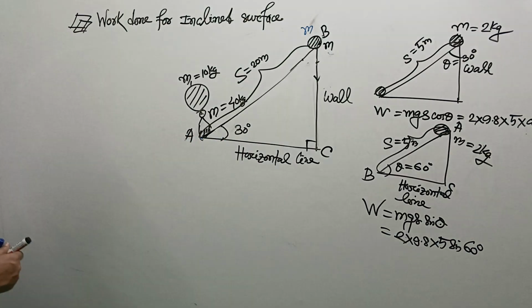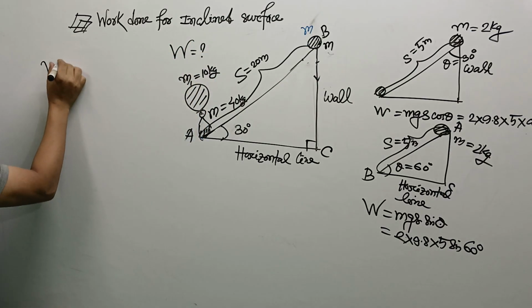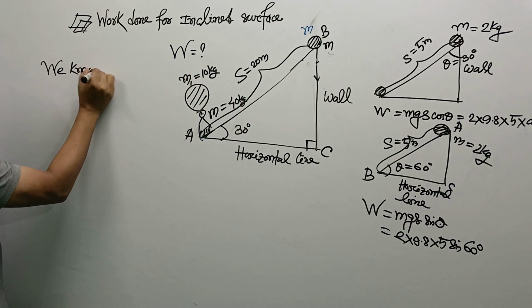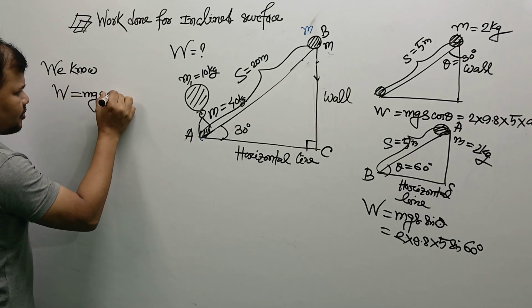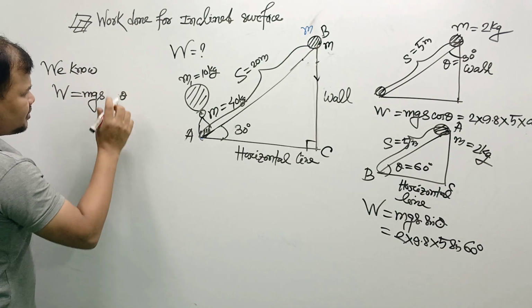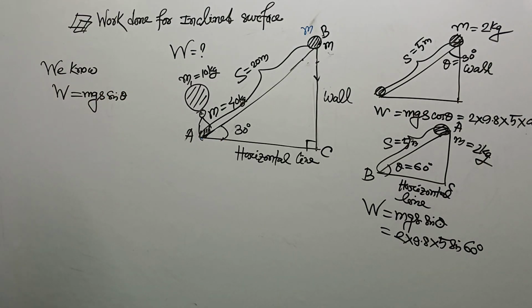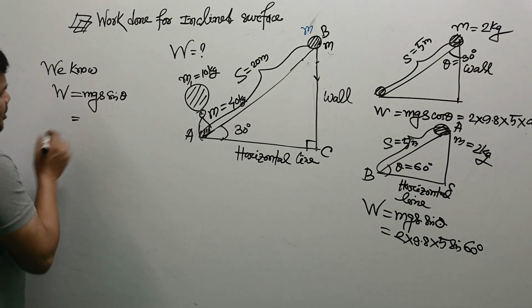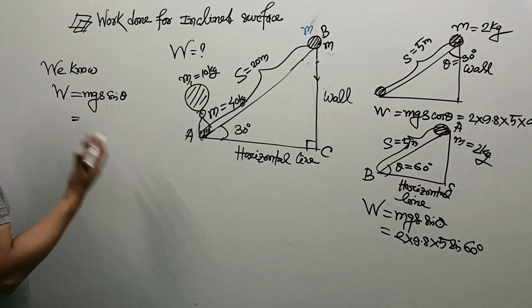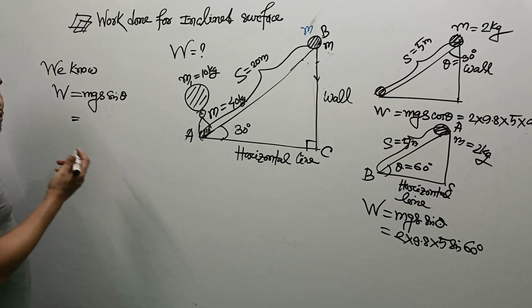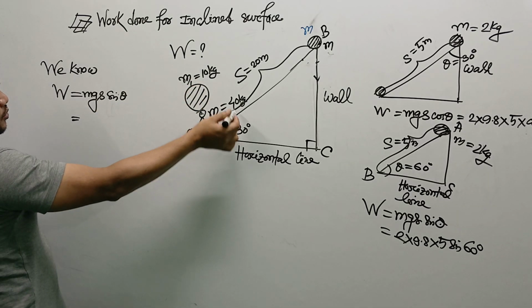Now our duty is to find the work done. We know W is equal to mg s cos theta or sin theta, and as the angle is given with the horizontal line, we write this equation. Now we calculate the total magnitude of the force, which will be counted for the total mass.